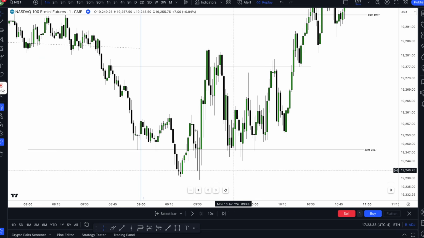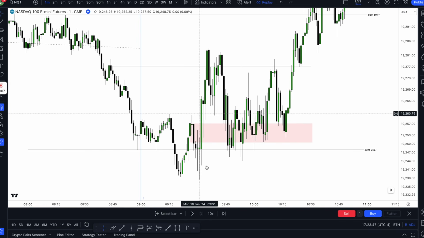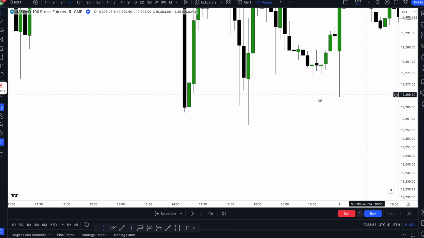Now, turtle soup. What is this right here? A breaker. This is a breaker. This is where you want to be entering. Now, if you go on to a 5 minute, let's see what we see.